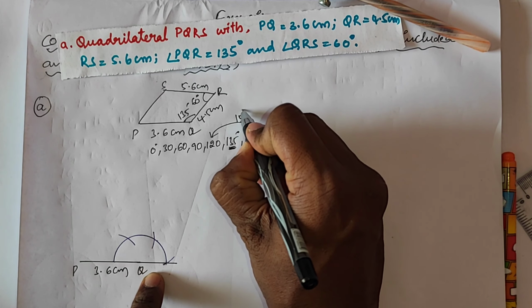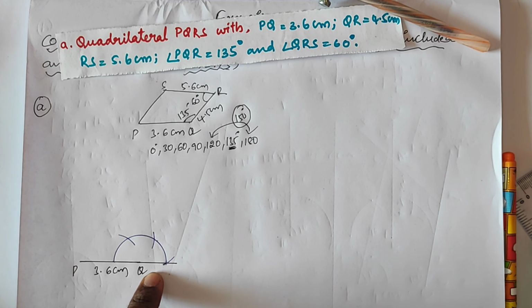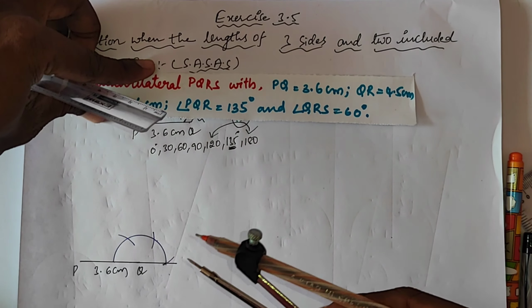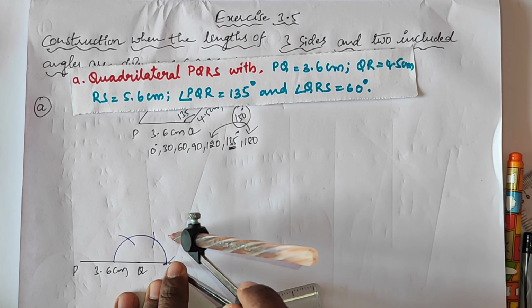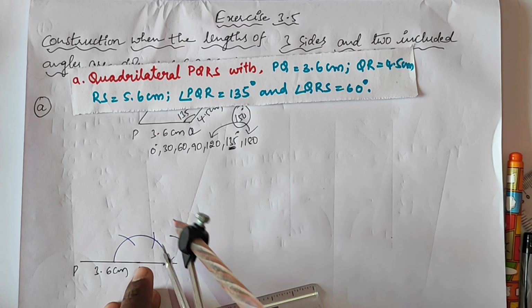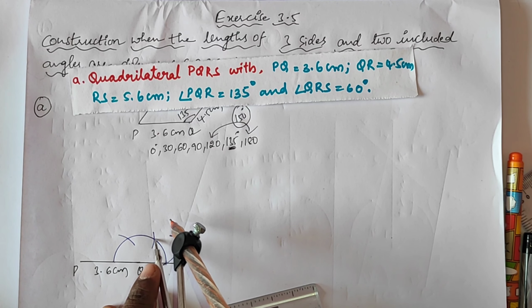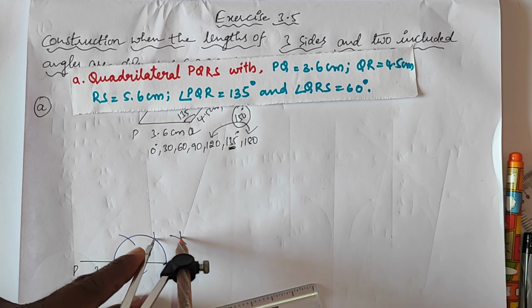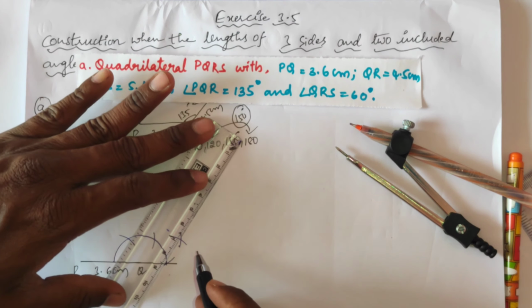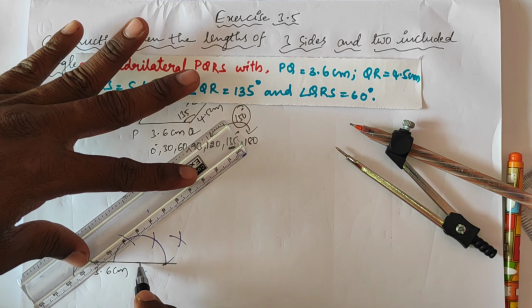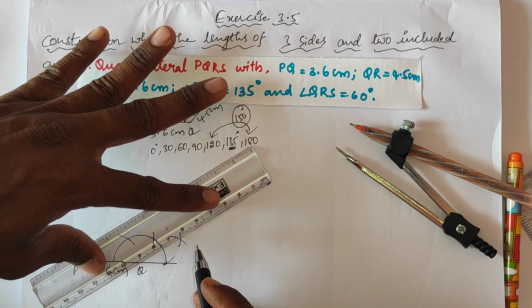Now between 120 and 180 we look at how much? 150, right? We have to locate 150 first. Now measuring again the same radius, now 180 as center, drawing an arc. Now with 120 as center, cutting the previous arc. Yes, we got it, right. This one how much? This is 150.